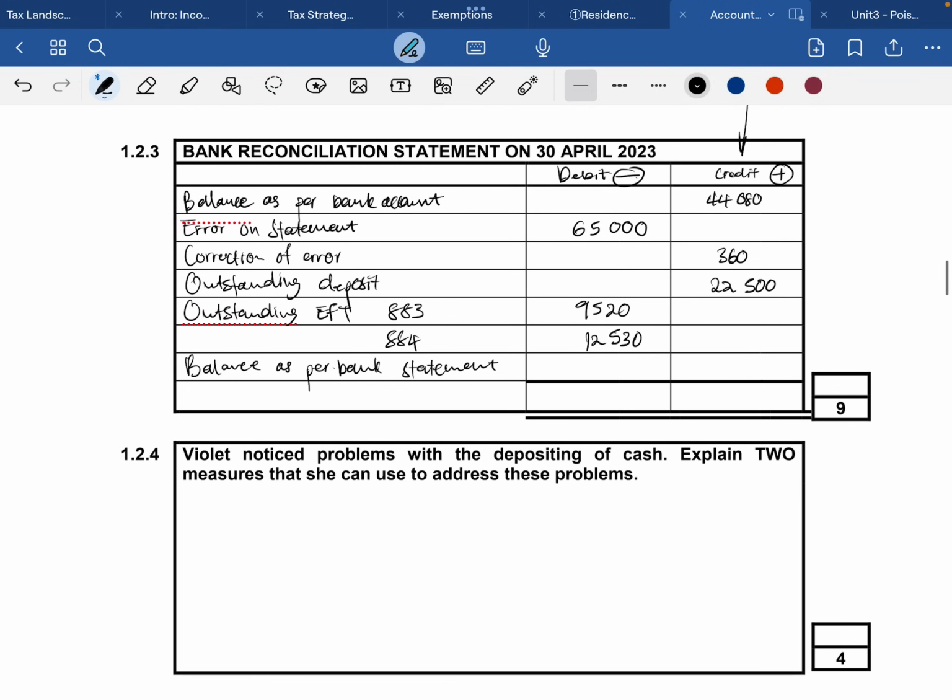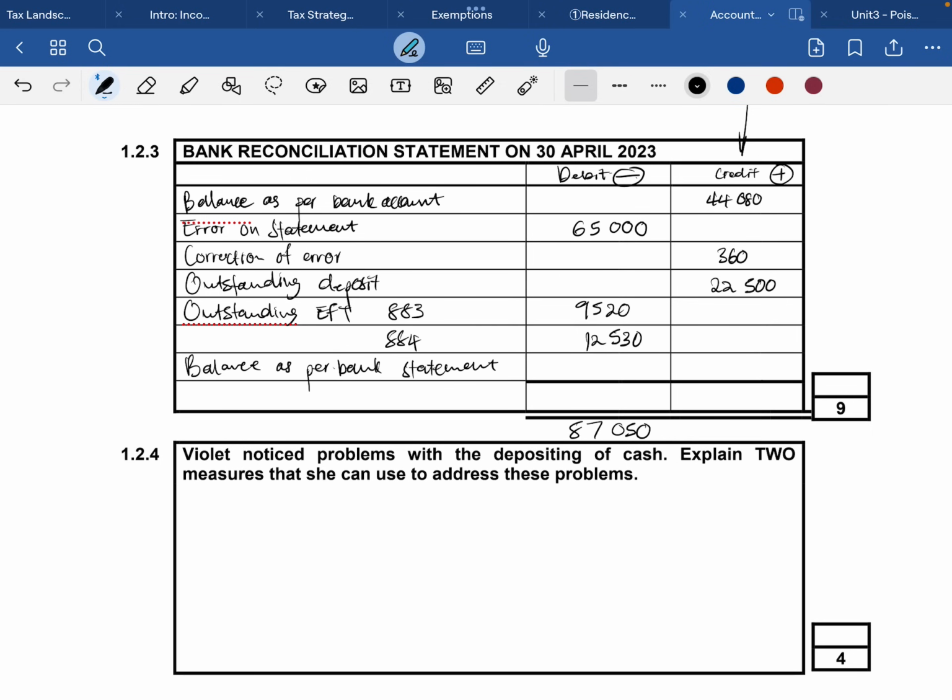So that means it's supposed to be a balancing figure. But how do you get the difference between the two, the balancing figure? You do totals on both sides, both the debit and credit, and see which side is bigger. So now let's add the debit side first and see what we get. 65,000 plus 9520 plus 12,530, which is 87,050.